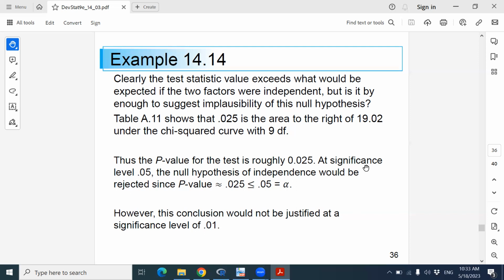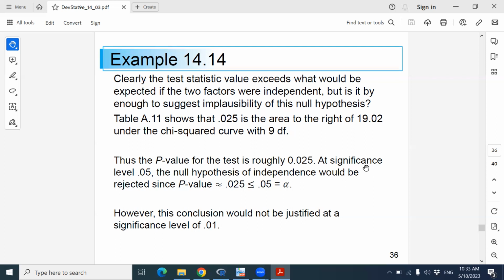And if you give 0.01 as significance level, that means when the null hypothesis is true, you are only allowing about 1% of chance to be mistake. So depending on how strict you would like to give for the chance of mistake under the null hypothesis, the conclusion would be different.